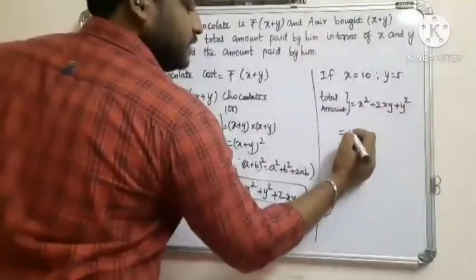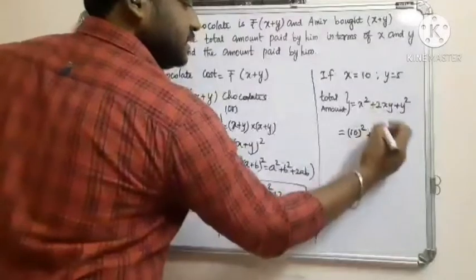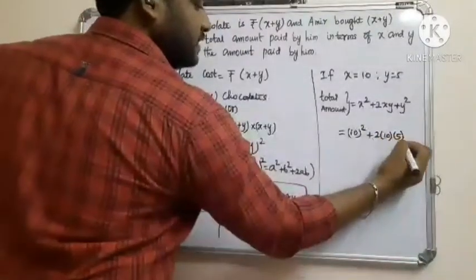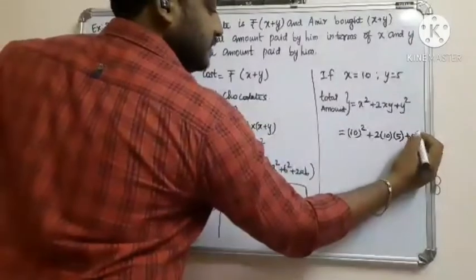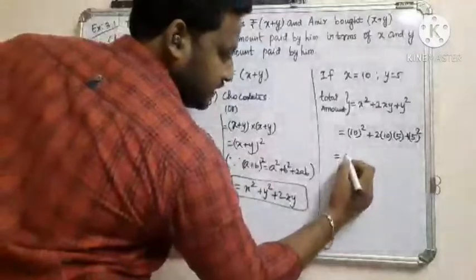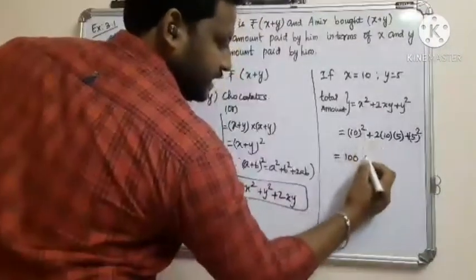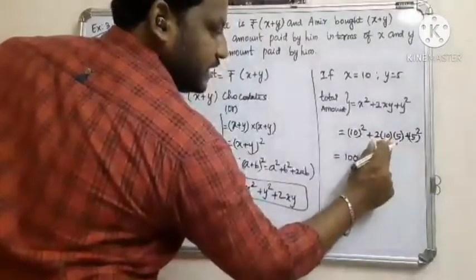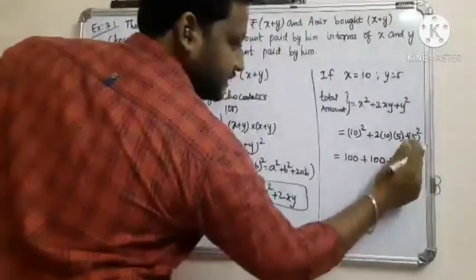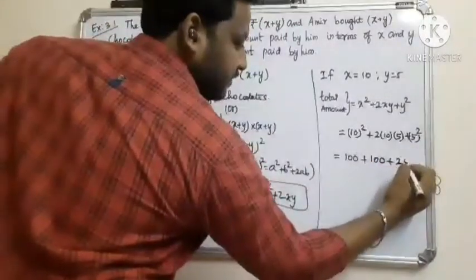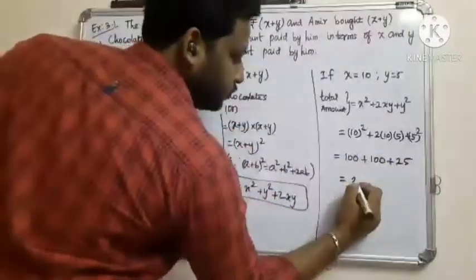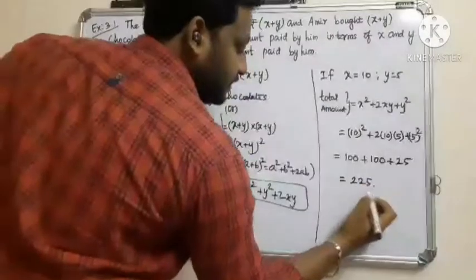So 10 square plus 2 into 10 into 5, plus 5 square. 10 square is 100, plus 2 into 10, 20, 20 into 5, 100, plus 5 square is 25. So 100 plus 100, 200, 200 plus 25, 225.